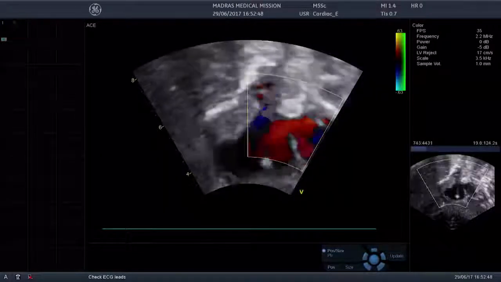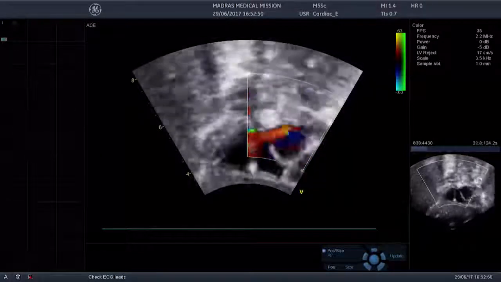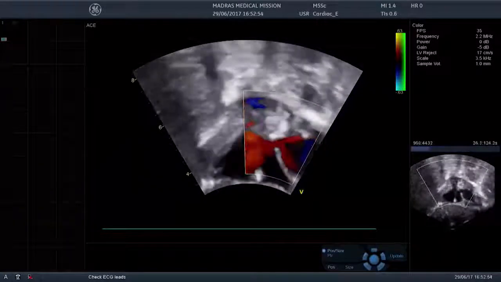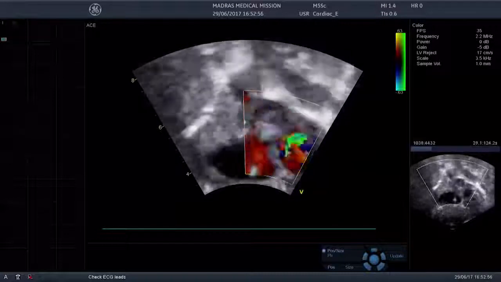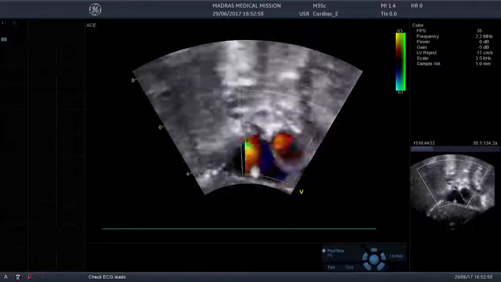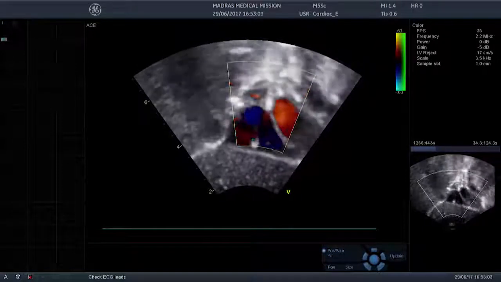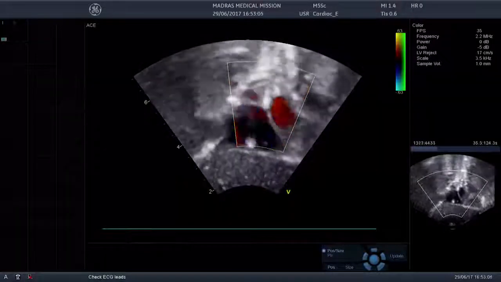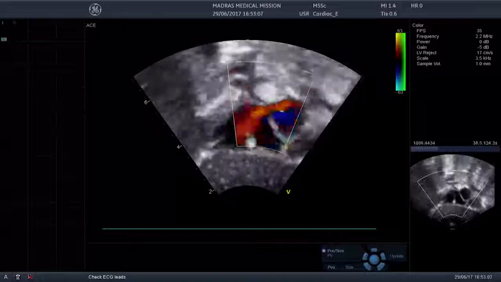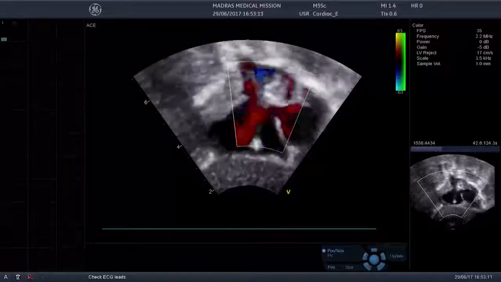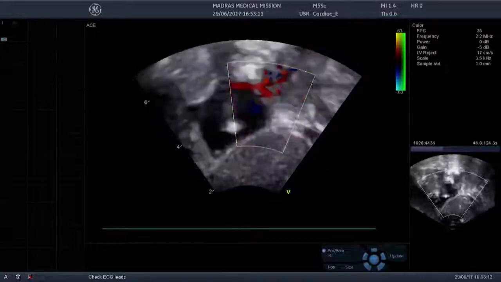We can see the patent foramen ovale, or maybe a secundum atrial septal defect, which is flowing left to right. That is the right upper pulmonary vein. The right upper pulmonary vein flows are also good. Anatomically, it seems to be in an acceptable position.